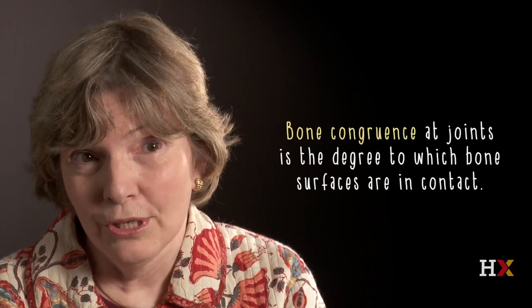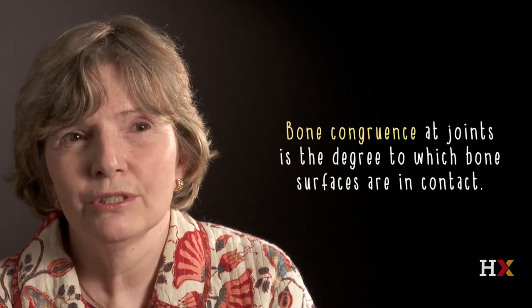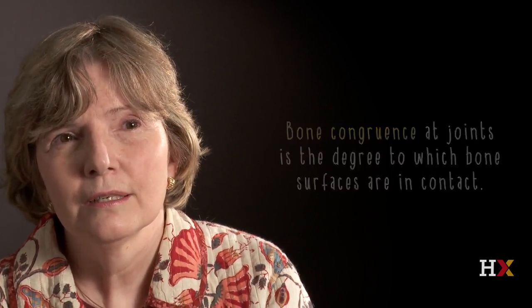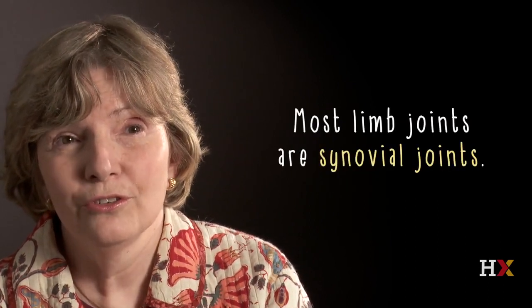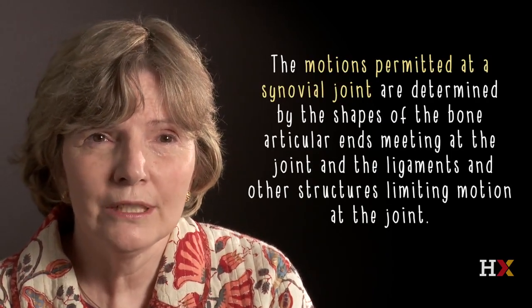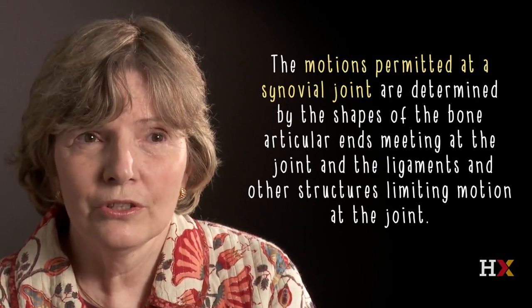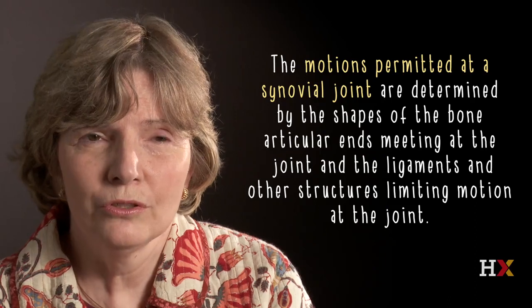Bone congruence at joints is the degree to which bone surfaces are in contact, the degree to which they fit. Most limb joints are synovial joints, and the motions permitted at a synovial joint are determined by the shape of the bone articular ends, again, the ligaments and other structures, the capsule, limiting motion at the joint.